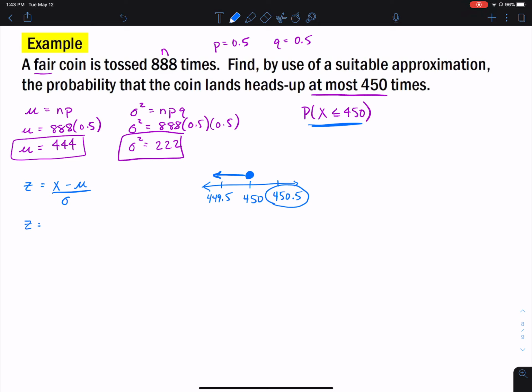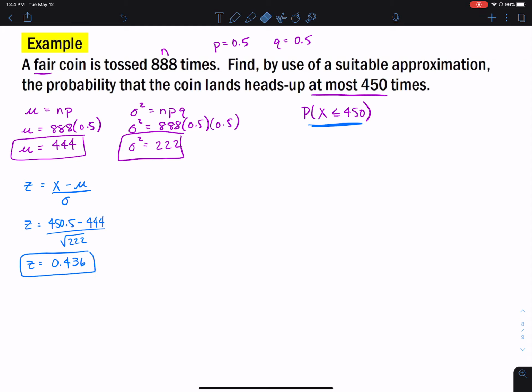So we over-approximate it. We would use 450.5 minus our mean, 444, divided by our standard deviation, the square root of 222. We end up with a z-score of 0.436. Keep that aside for a second.